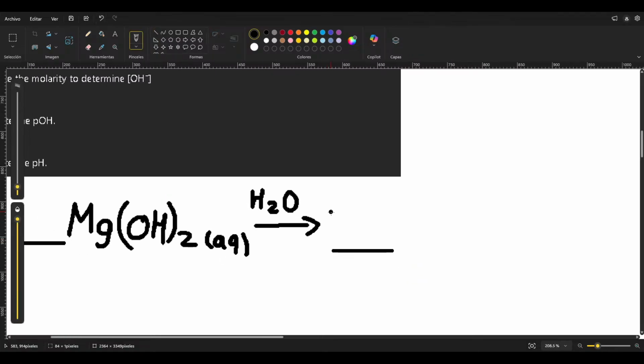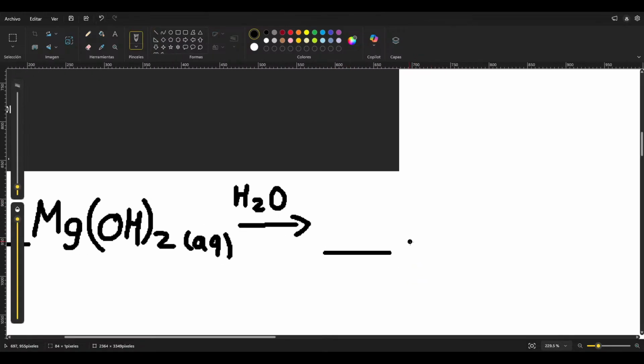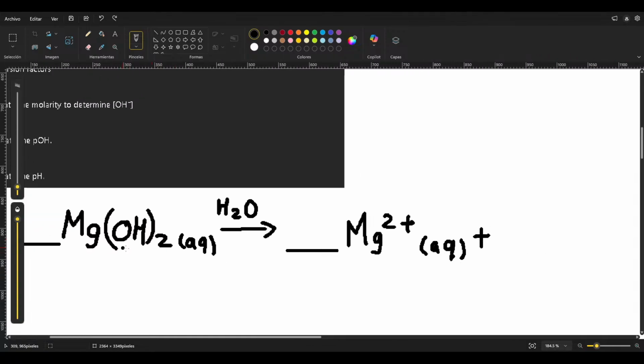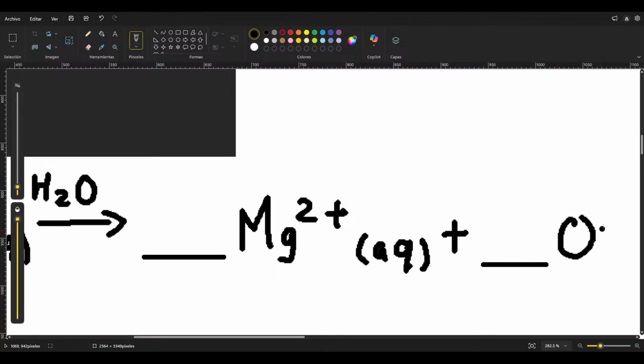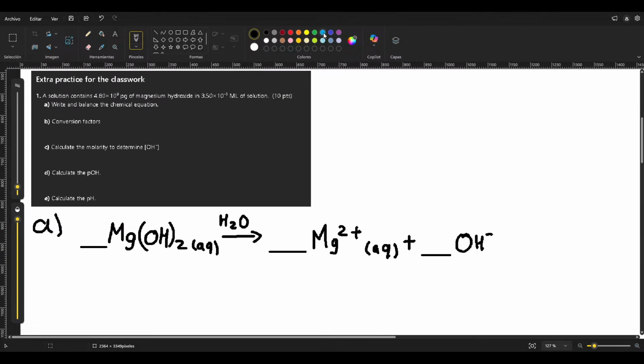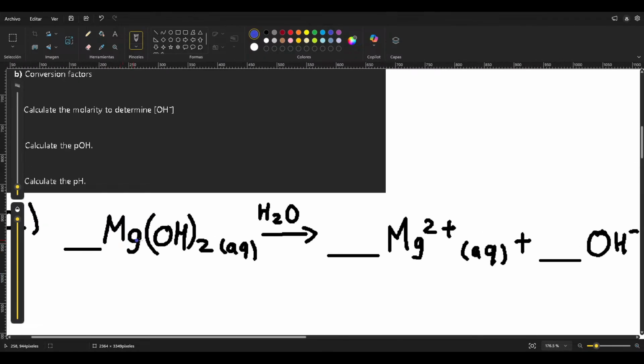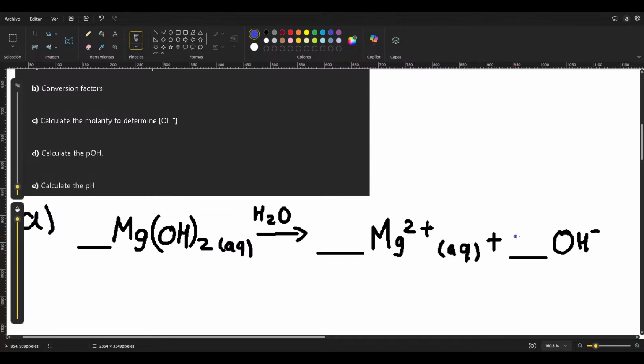and it's gonna dissociate into magnesium 2 plus in aqueous, and the other part is the hydroxide ions, like this. And if we balance this, we'll have 1 and 2. You following me?